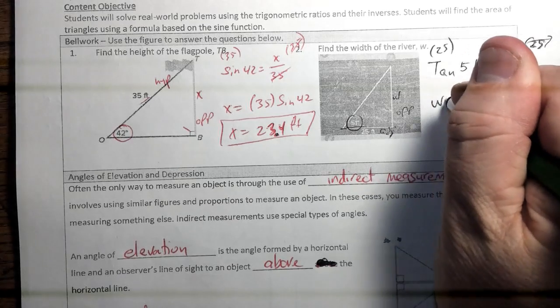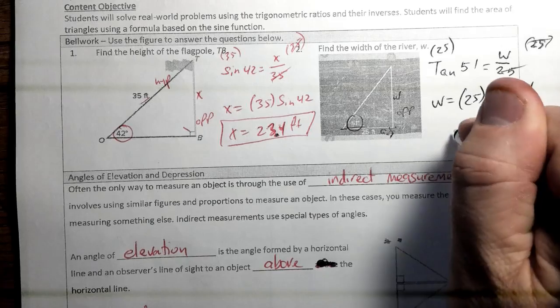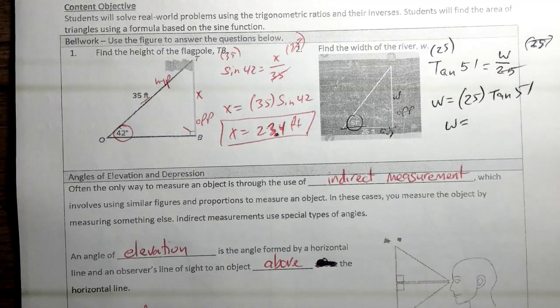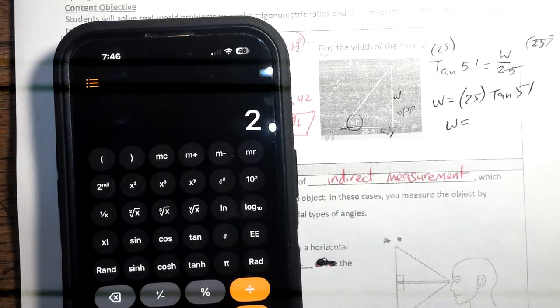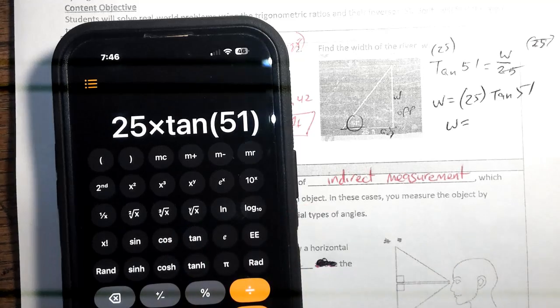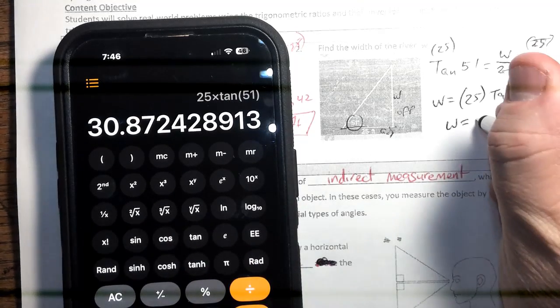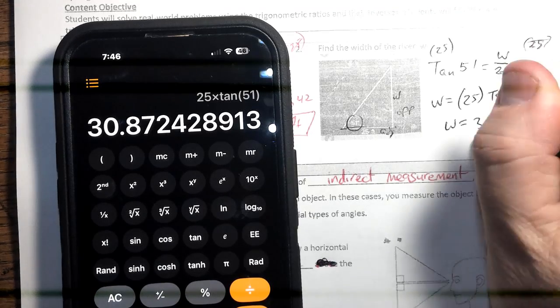Write it backwards. W equals 25 times tan 51. So the width of the river, or W: we got 25 times 51 tan equals. So our river is 30.87 or 30.9 feet wide.